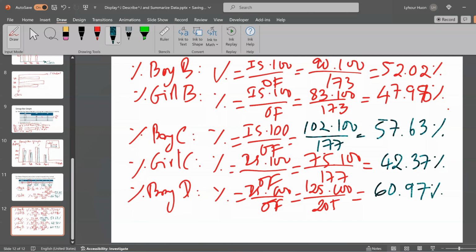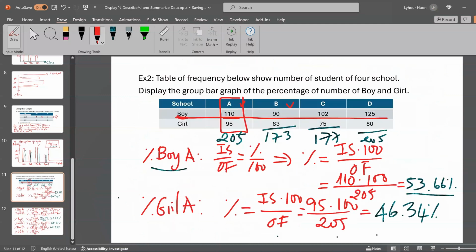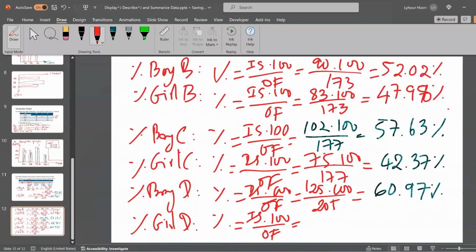60.97%. Okay. Then the percentage of the girls for D is 39.02. It will be number times 100 divided by total, so 80 times 100 divided by 205.